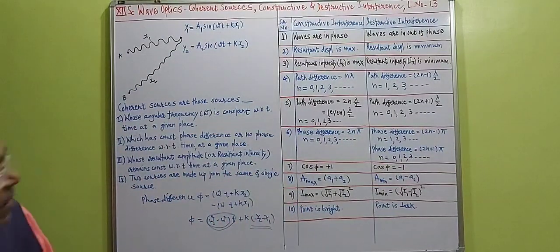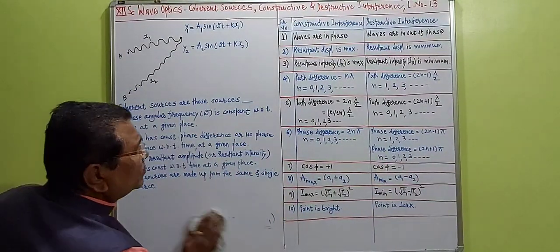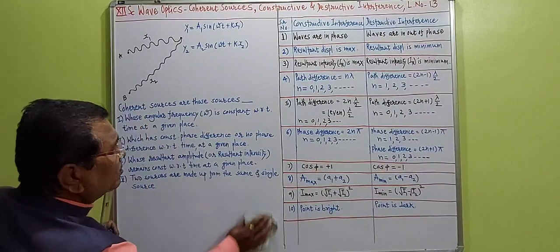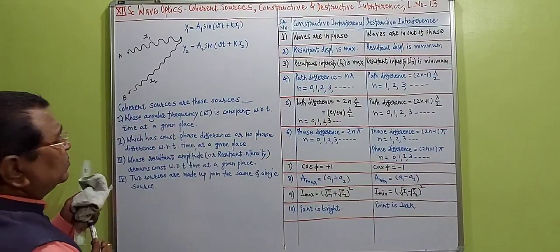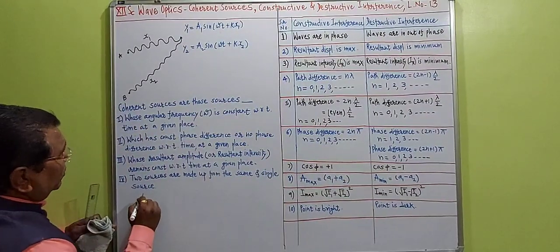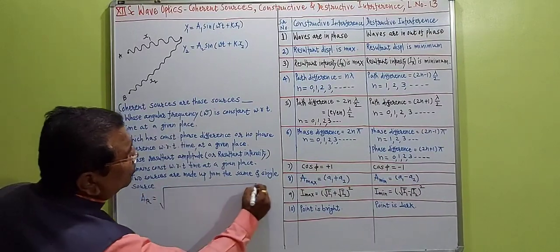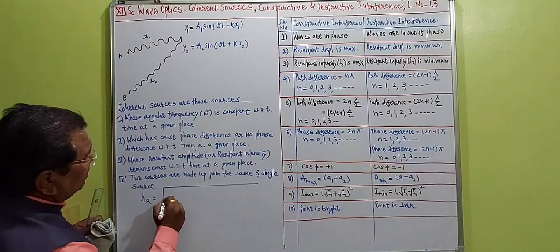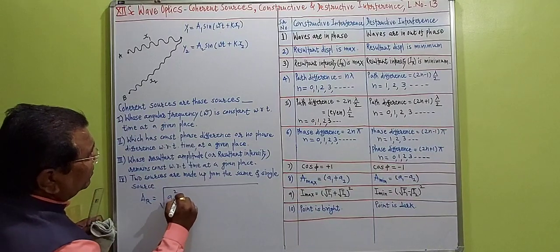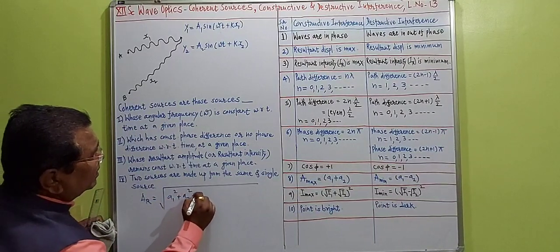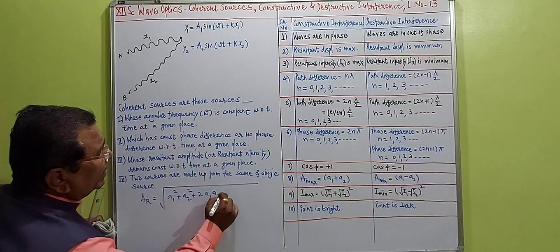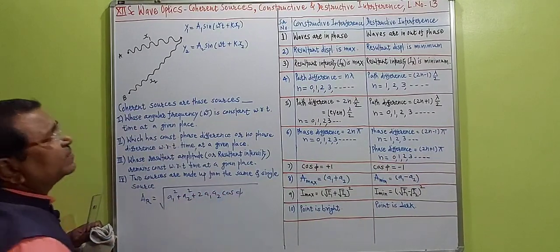Resultant amplitude is maximum. What is the amplitude? The formula of resultant amplitude you have learned in the last lecture, that is root of a1 square plus a2 square plus 2 a1 a2 cos phi.